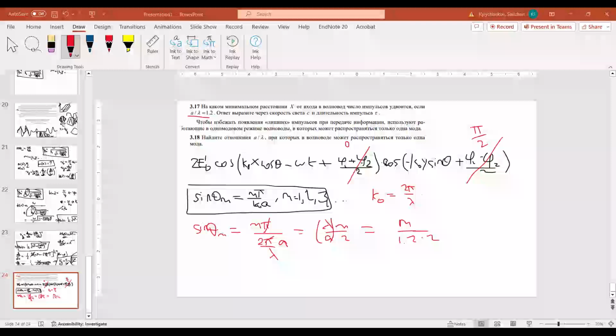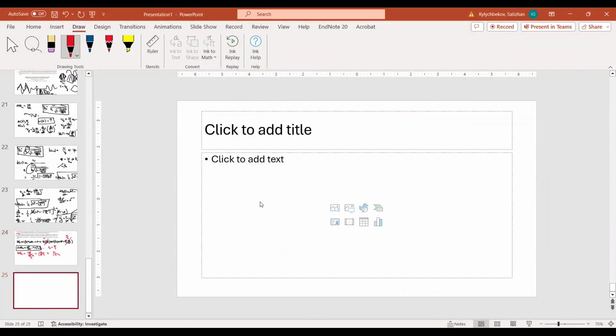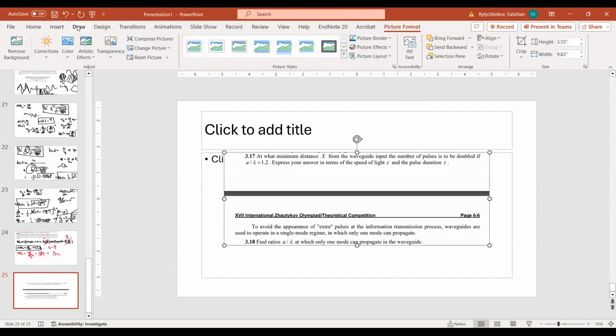Sometimes when you read the English version, it makes more sense. So that's what I do usually. I'm not sure. Go ahead and read the English version.